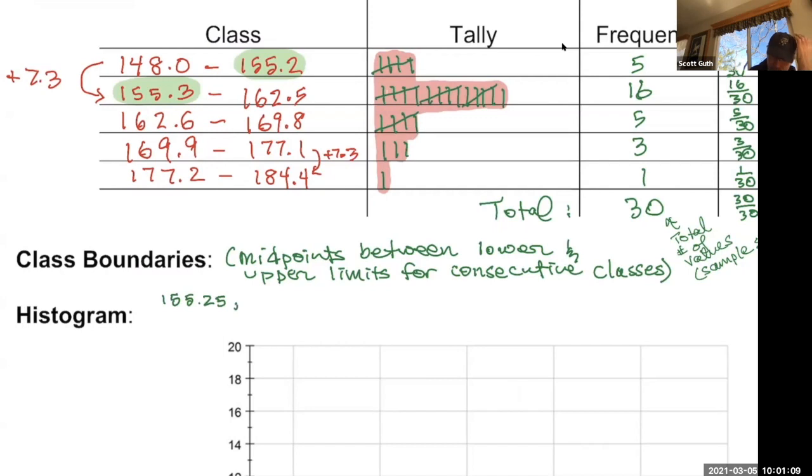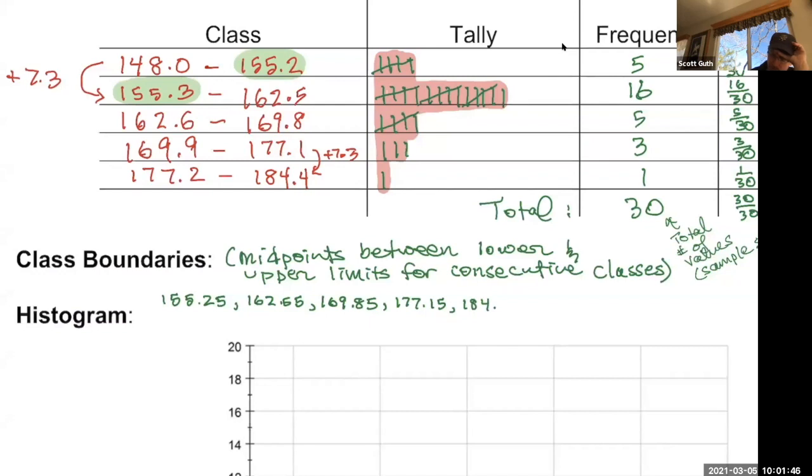And the next one is 162.55. And the next one's 169.85. It's just a single value that divides the classes, and that works better for a graph. 177.15. And then 184.45.